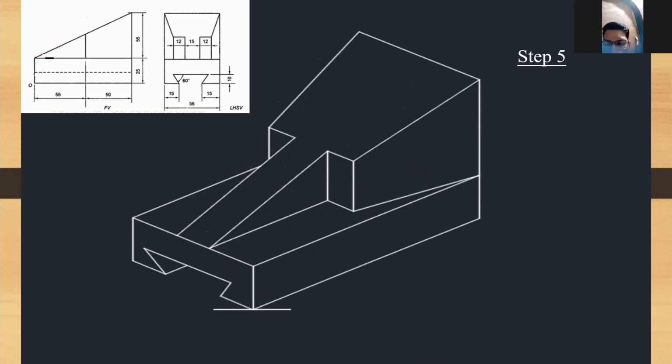Both lines are inclined at 60 degrees from both the ends of the 50 mm line. Remove the unnecessary part using the trim command. At last, our isometric view is ready.